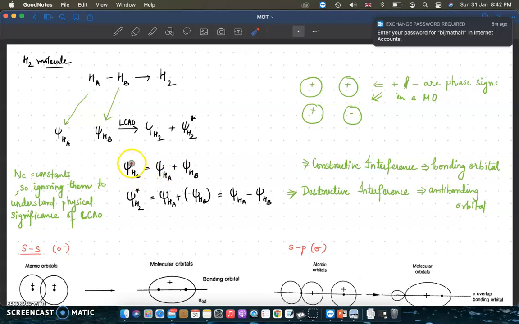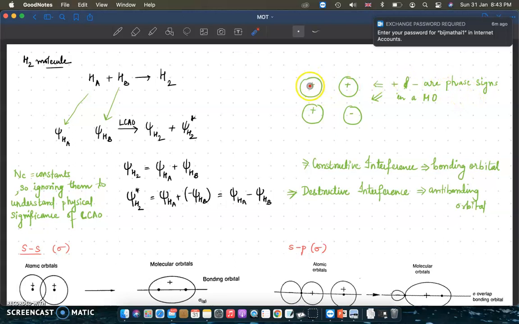When we talk about the linear combination of the two wave functions, if you remember when I talked about the shapes of the various atomic orbitals, I talked about signs such as plus and minus, which are actually the phase signs that come as a result of the solution to the Schrodinger wave equation.